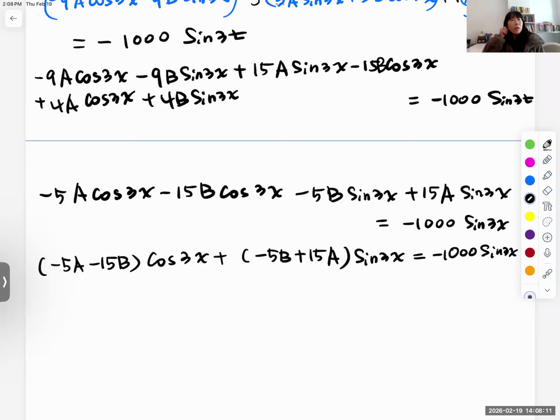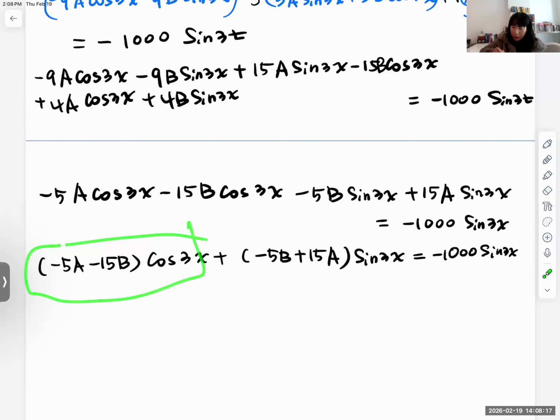Okay? All right. So this one, we don't have any corresponding, right? But we have a sine 3x corresponding. So negative 5b plus 15a equal to negative 1000 and negative 5a minus 15b equal to 0.